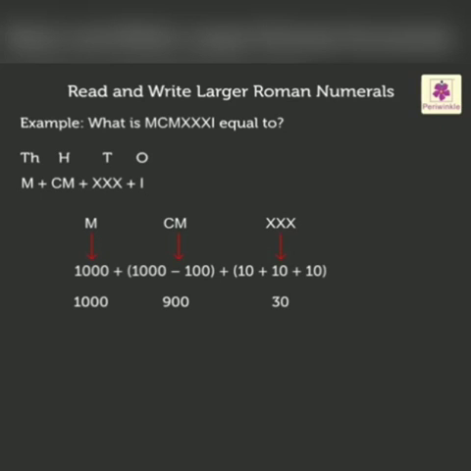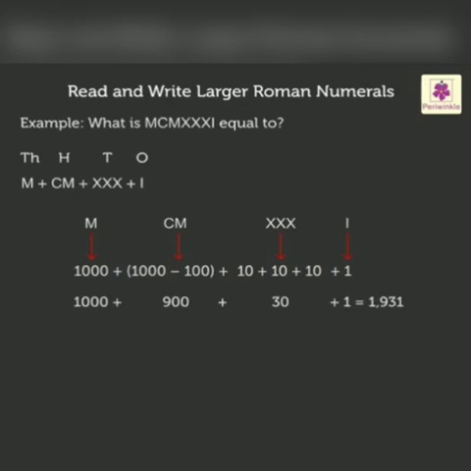And lastly, the value of I is equal to 1. On adding 1000 plus 900 plus 30 plus 1, we get the answer as 1931.